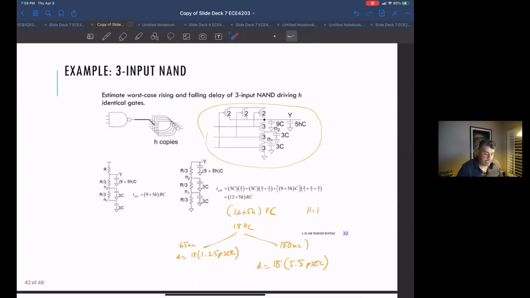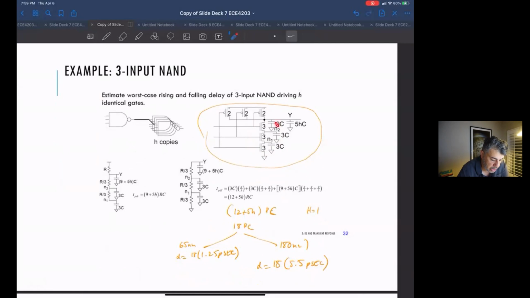So the prop delay, if you guys remember, the definition of prop delay was the longest delay from input to output. And the definition of the contamination delay was the shortest delay from input to output. So for the NMOSFETs, when you're falling, the contamination delay and the prop delay are the same thing.